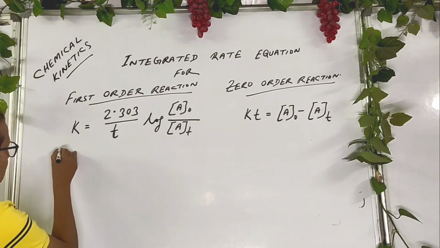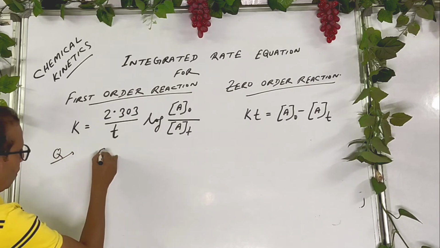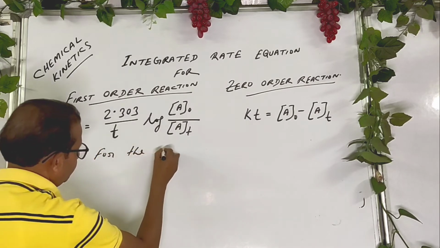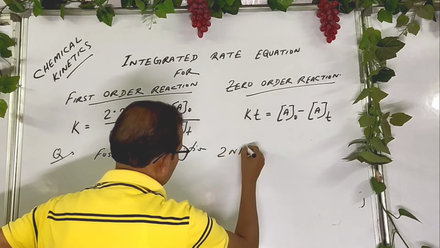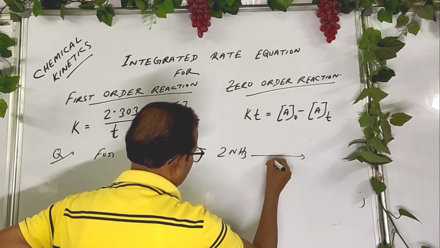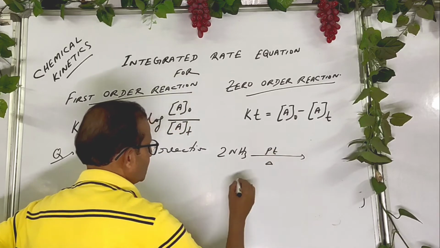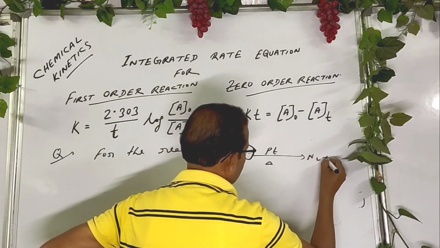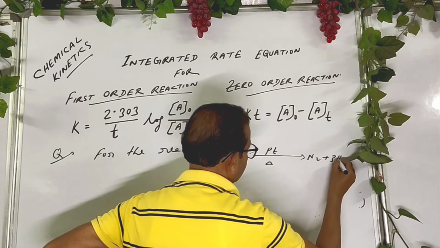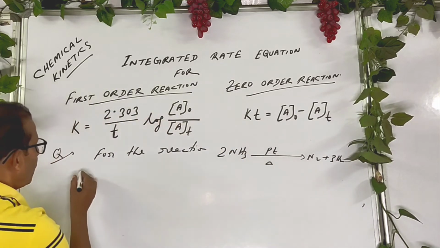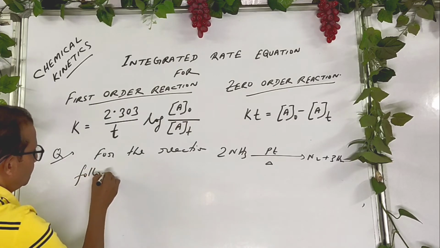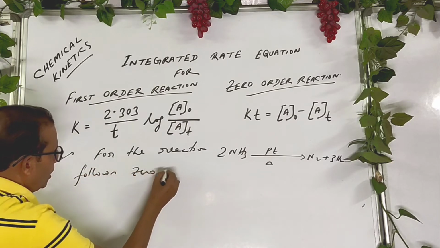Write the question. For the reaction, ammonia heated in presence of platinum catalyst to get nitrogen and hydrogen, follows zero order.